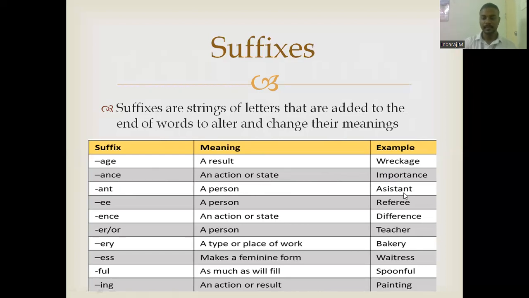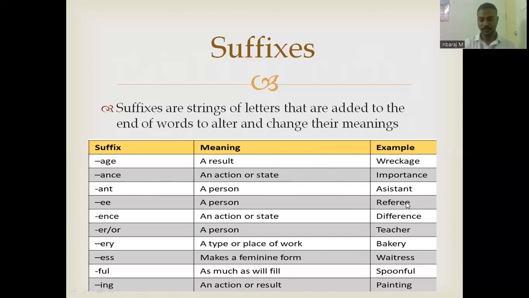And assistant. The base word to which the suffix ant is added is assist, and when the suffix ant is added, we get a new word, assistant, that is a person.